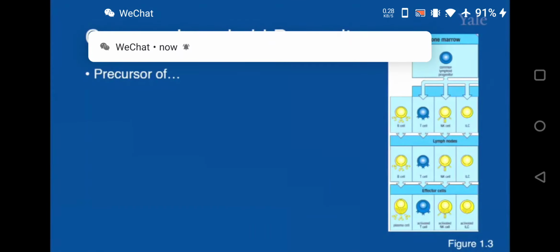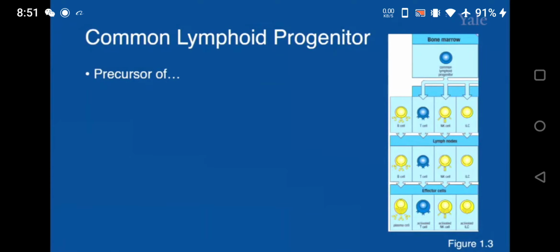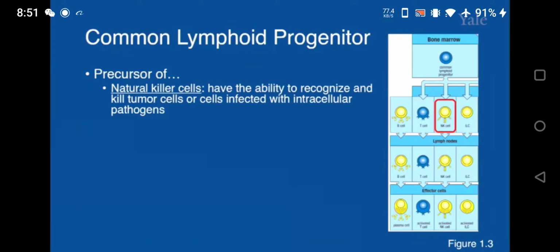Now, the common lymphoid progenitor cell is the precursor of a variety of cells that are in the lymphoid lineage. These include the natural killer cells, which have the ability to recognize and kill tumor cells or cells that are infected with intracellular pathogens.